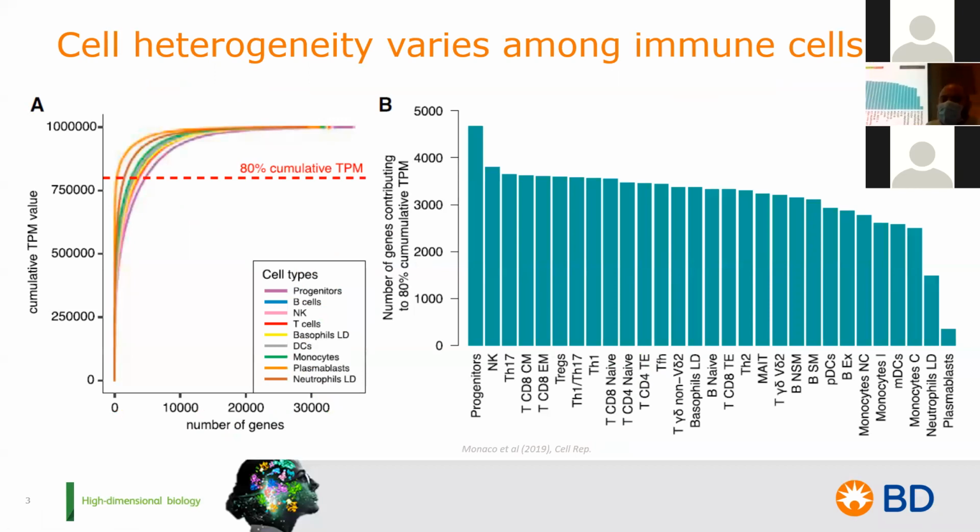So why is that? Well, there is a large amount of heterogeneity within every cell, and heterogeneity meaning the number of gene expression, right? That's the reason why we saw that little blob earlier. On the y-axis in this graph, we see the cumulative TPM, that's transcripts per million.